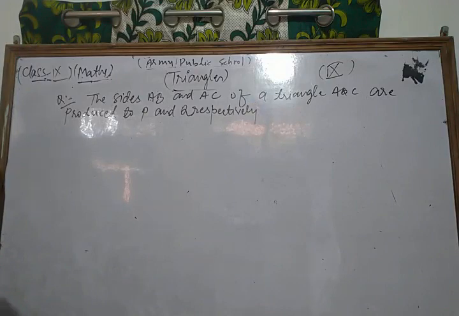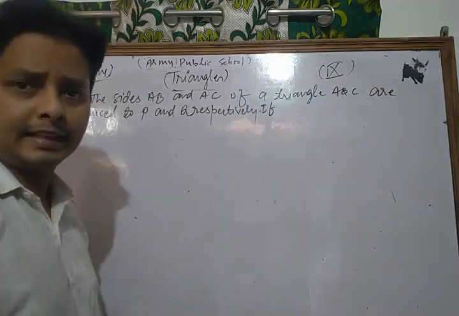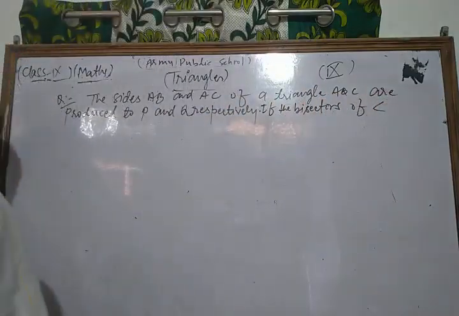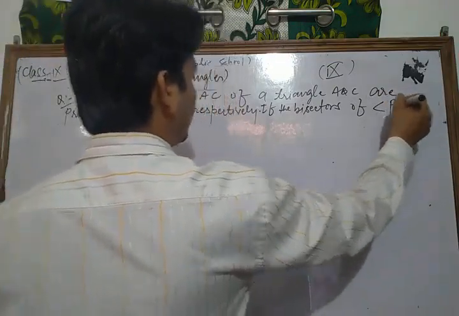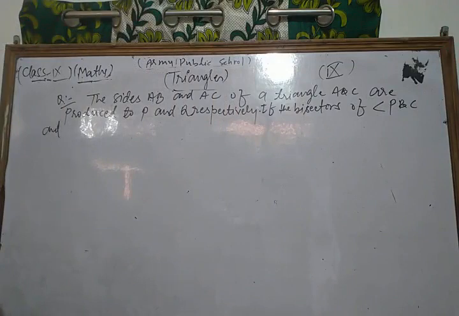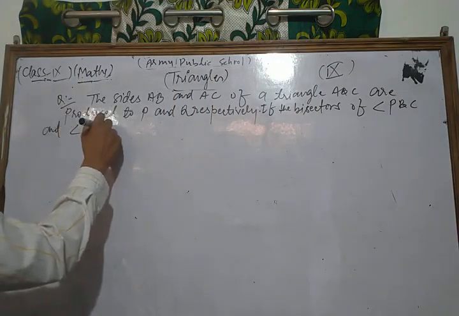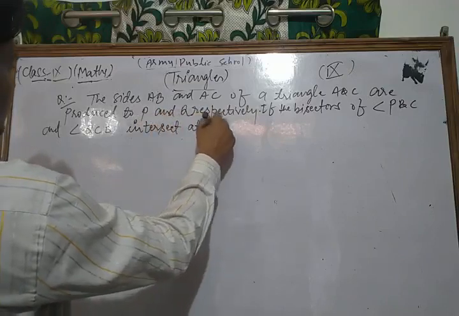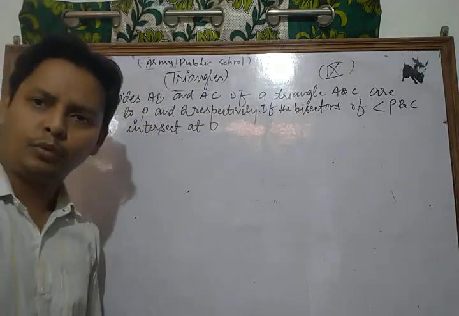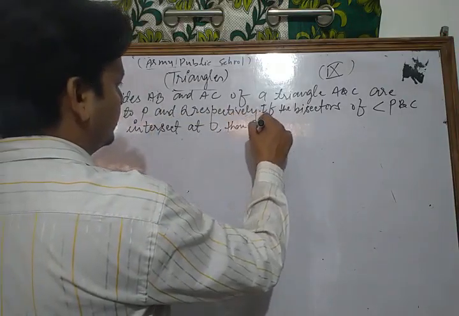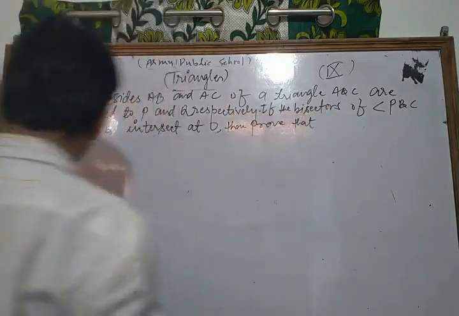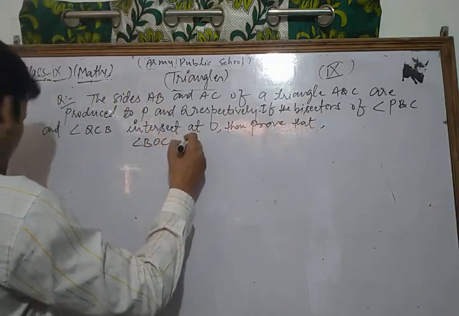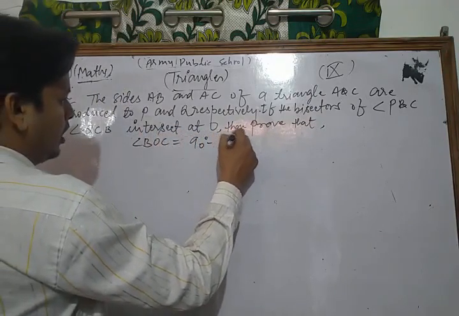If the bisectors of angle PBC and angle QCB intersect at O, then prove that angle BOC is equal to 90 degrees minus half of angle A.